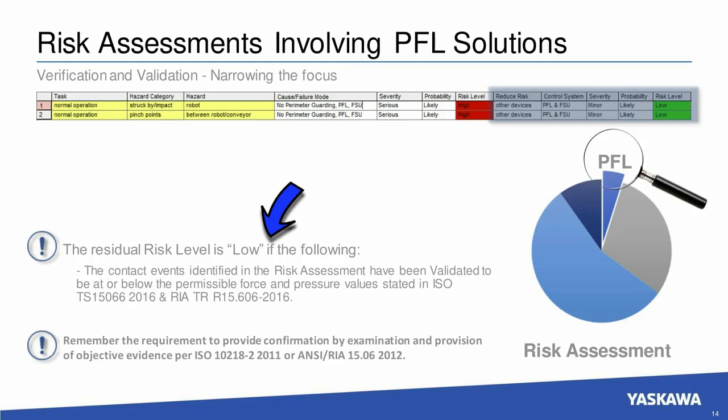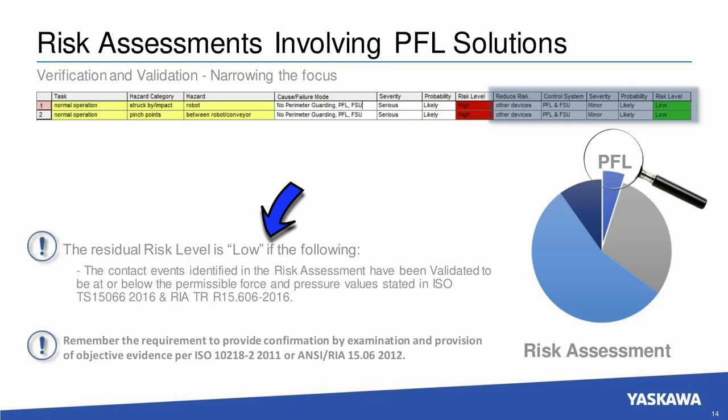So the next thing we do to reduce the risk is we look at applying safety mitigation solutions. In this case, I would apply power and force limiting and functional safety. I'm going to limit the speed and I'm going to limit the forces that the robot can apply. My severity, again for conversational purposes, would drop down to minor because I am now not going to injure the operator.